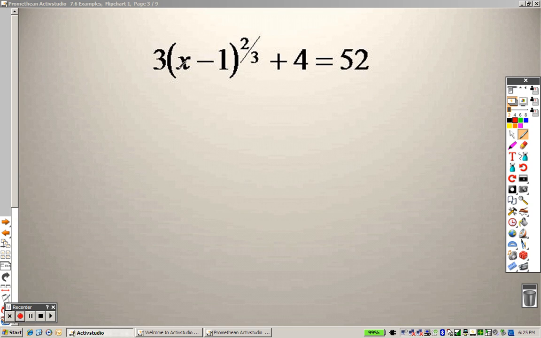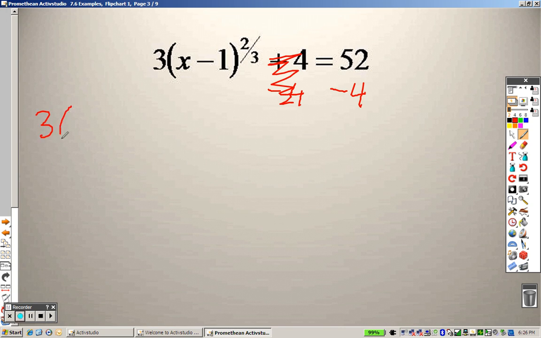I want to get this x by itself, which means I need to get that whole parentheses by itself. To do that, I need to get rid of this 4. So I subtract 4 on both sides, meaning those are gone. I have 3 times (x minus 1) to the 2/3 left over, and all of that equals 52 minus 4, which is 48.